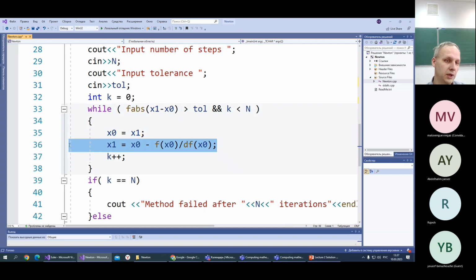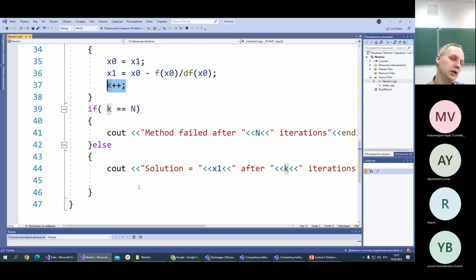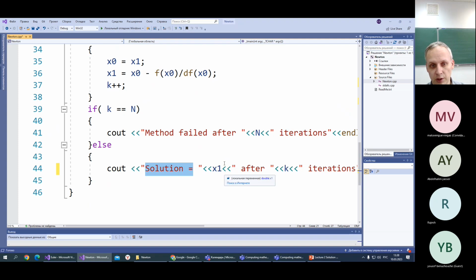And that's all. This is the main line and this is the main loop. After that we increase the counter, and if at the end of the loop the number of steps equals n, it means that the method failed to solve the problem after n iterations. Otherwise, the method solves the problem and the solution is x1.